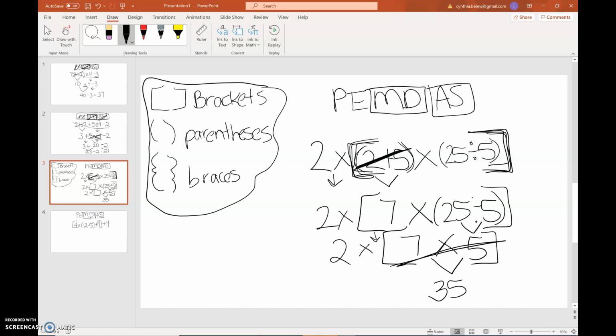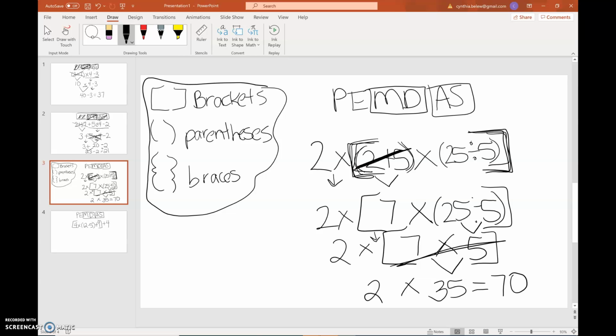That is gone. I don't have the brackets anymore. 2 times 35, and now I can finally get my answer of 70. So when I have brackets, parentheses, and braces, I have to solve what's inside of those first, and then work outward.